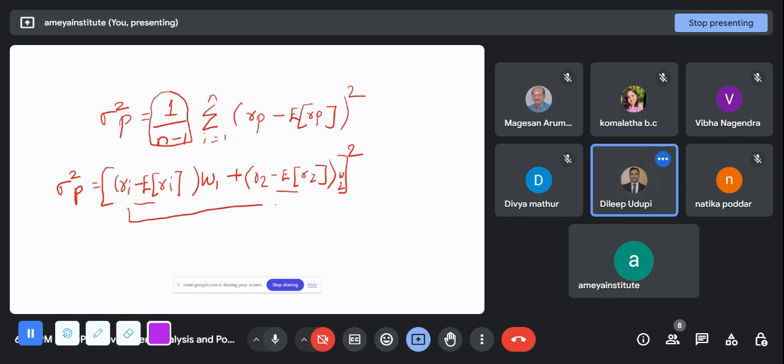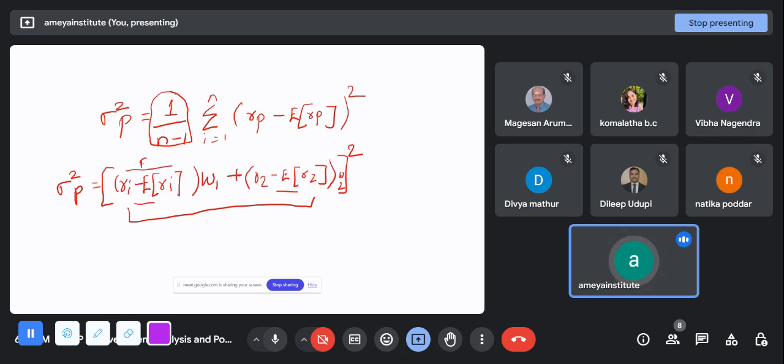Yes. Okay. So now what we are trying to do from this formula, this is your first asset, let's say this is Facebook and this part is Apple. Actual return minus expected return is nothing but deviation, into weight of 1, plus second asset actual return minus expected return into weight of second asset, to the whole square.